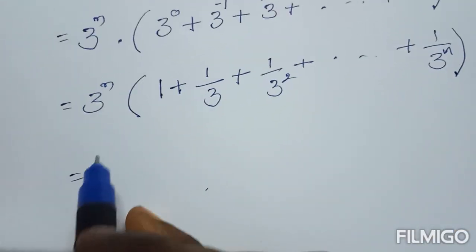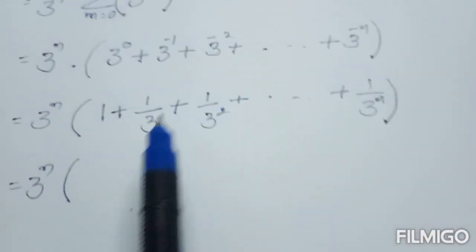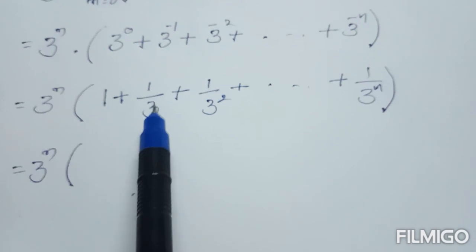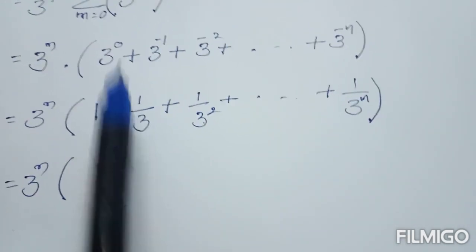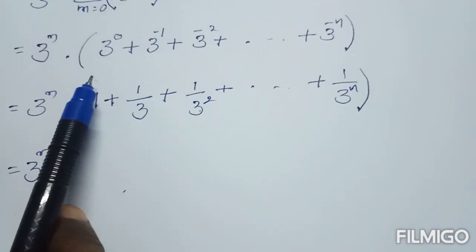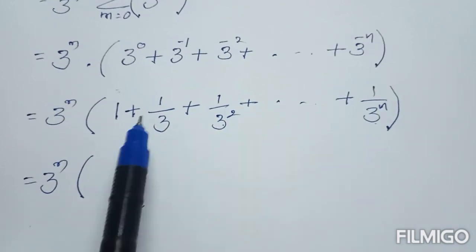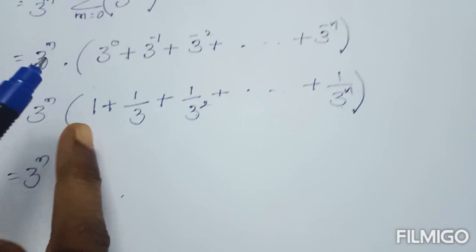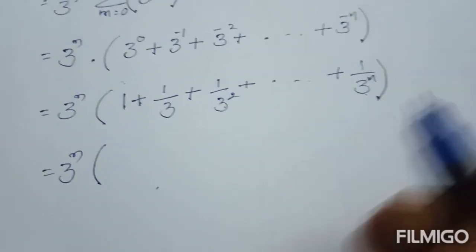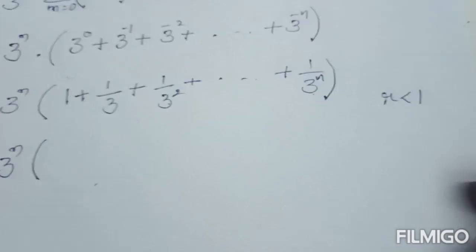3 to the power of n into, here also is the sum of n plus 1 terms. This is first term, second term, third term up to n. I mean here first start with this one, excluding this, 1, 2, 3 up to n, including this n plus 1. So excluding these n terms, including this n plus 1. So it is the sum of n plus 1 terms, and the r value is here less than 1. 1 by 3 is less than 1.